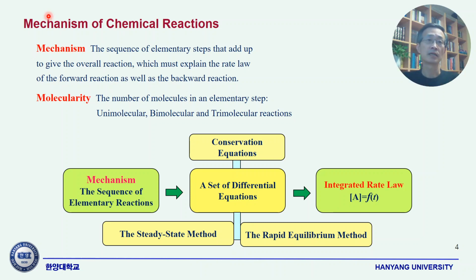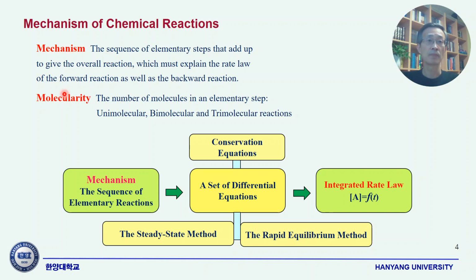Okay, and then the second part of elementary chemical kinetics is the mechanism. A mechanism is a sequence of elementary steps that add up to give the overall reaction, which must also explain the rate law and the collection of chemical evidence, such as an intermediate or equilibrium.